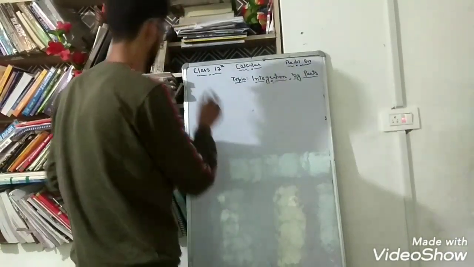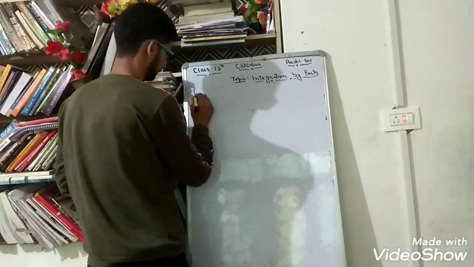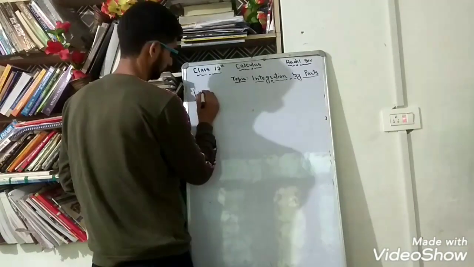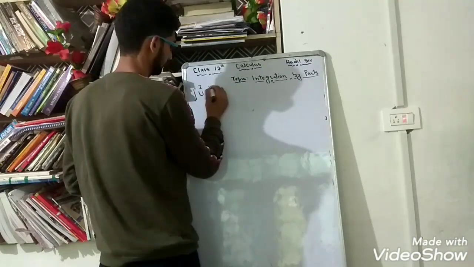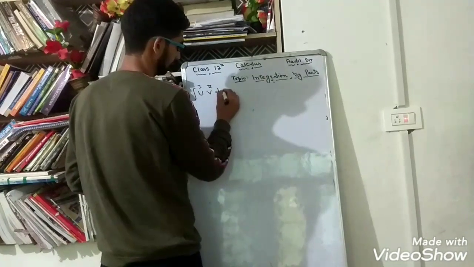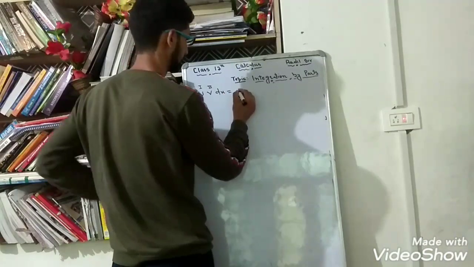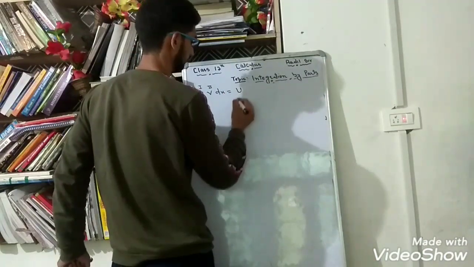So this is u and this is v. This is my first function, this is my second function, and I am getting it equal to first function.